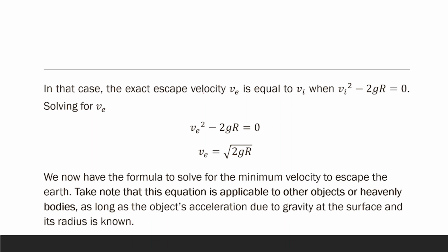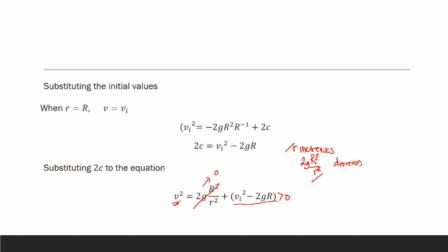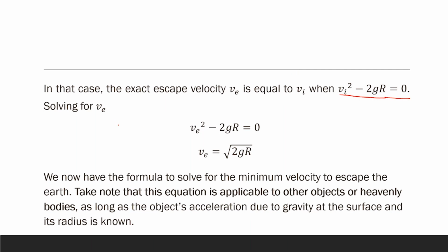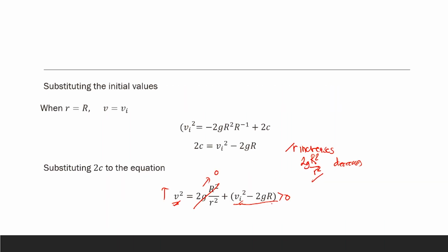So, in that case, the escape velocity vE is equal to vi when vi squared minus 2gR is equal to 0. So, therefore, we will just use this equation. Because we know that for your object to keep accelerating away, the value of vi should be when this is equal to 0. So, we can now solve for our escape velocity. Take note, we will only use this term. This term equated to 0.